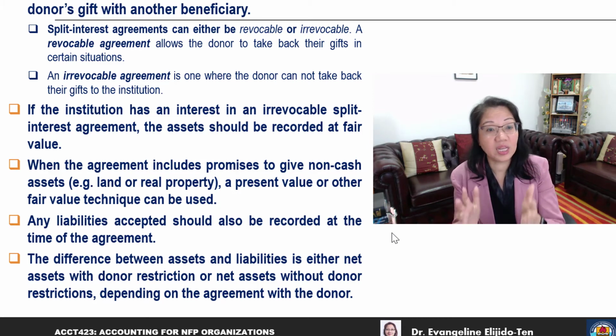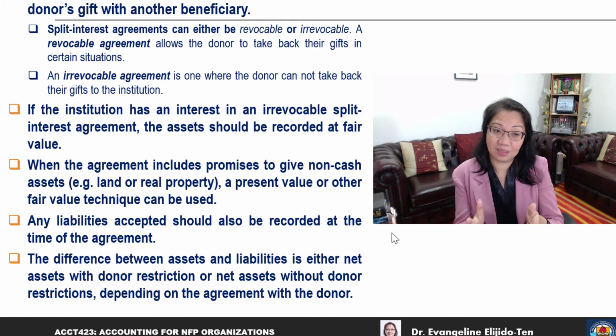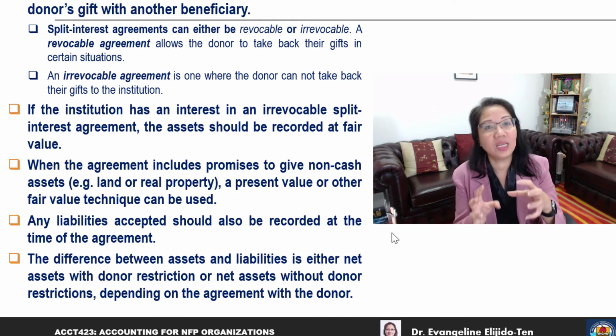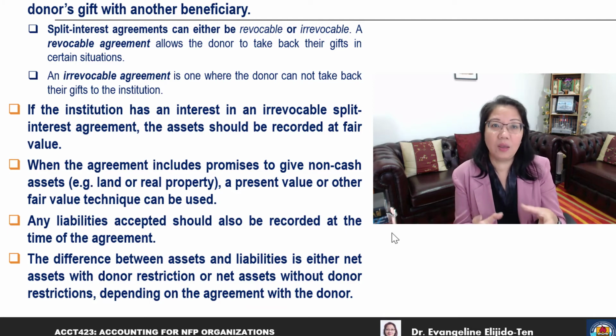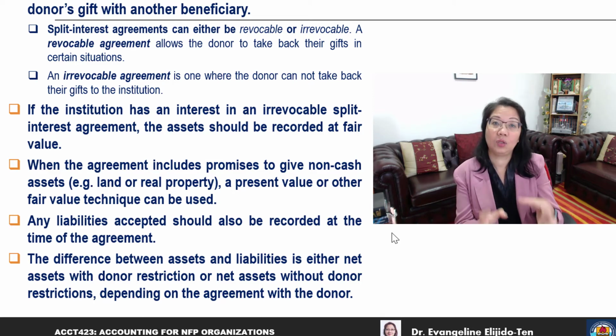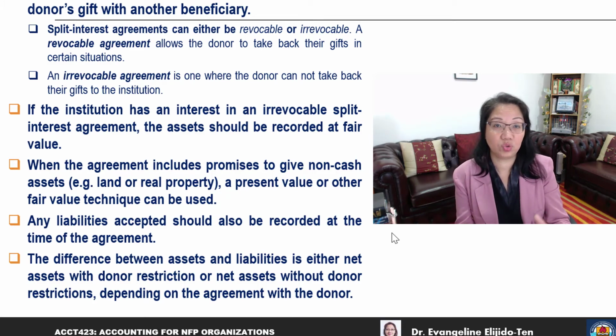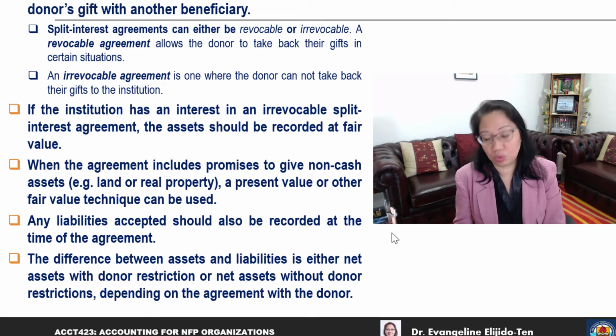There is a $30 million net difference between assets and liabilities, and there is a restriction to it. That means this $30 million, the net difference between assets and liabilities, will be restricted because the donor says it has to be restricted only for educational use.